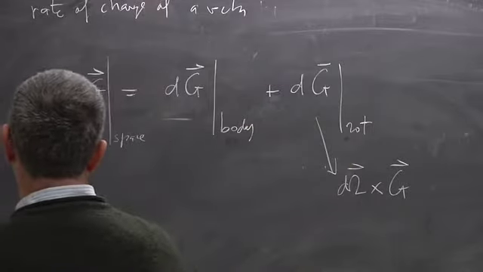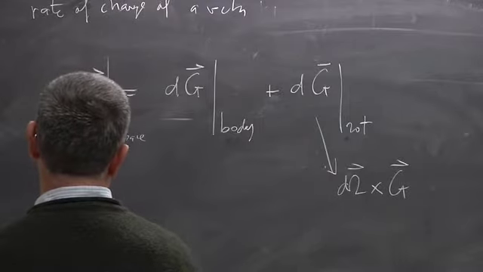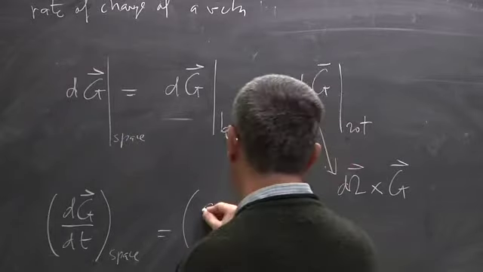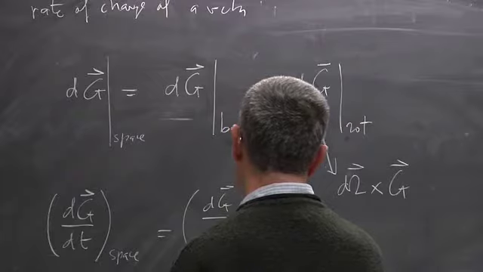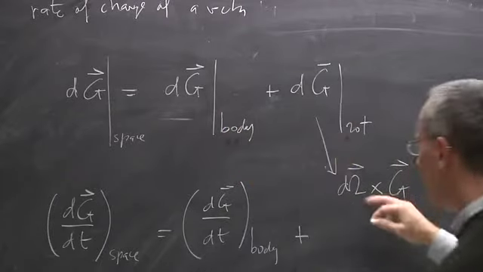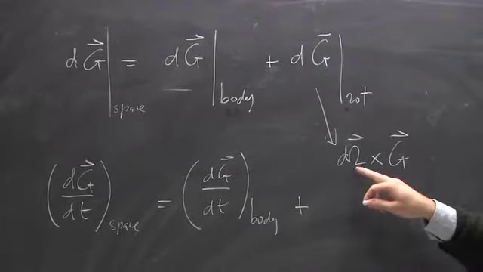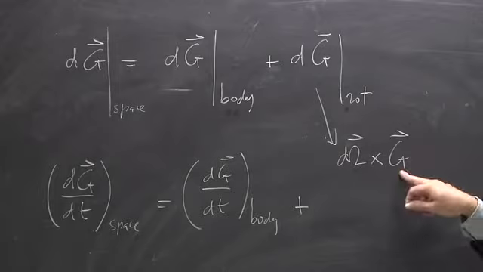So if I take a time derivative, then I have the general rule that the change in time of a vector in space is equal to the change of the vector in time as measured on the body, plus this term here, where I'm considering only the change in time of this, because the other will be a second order effect.